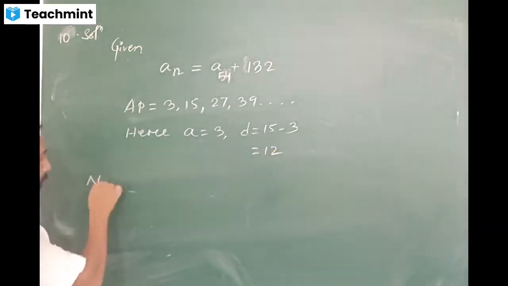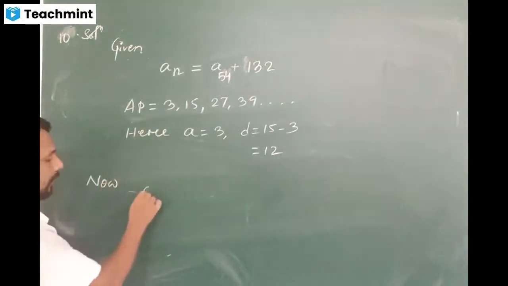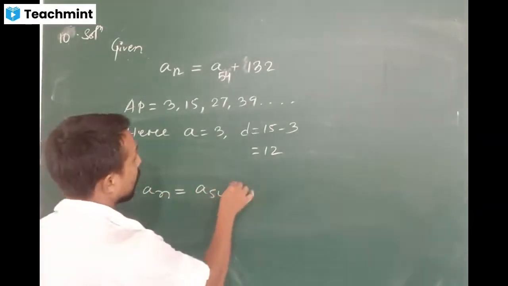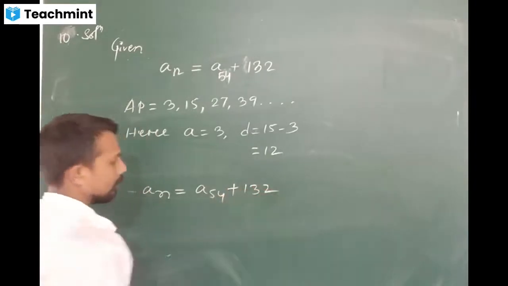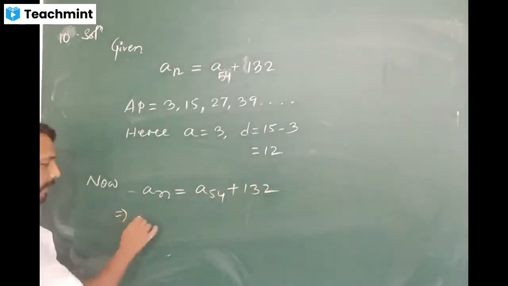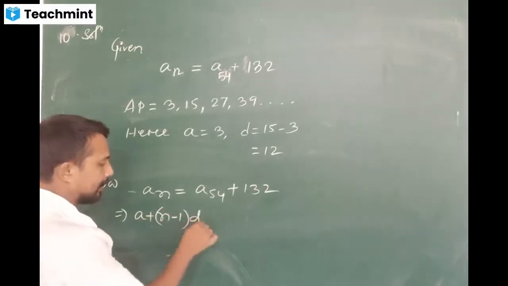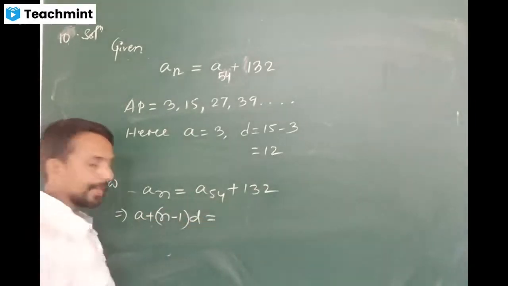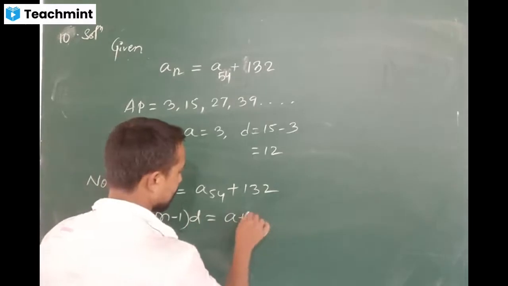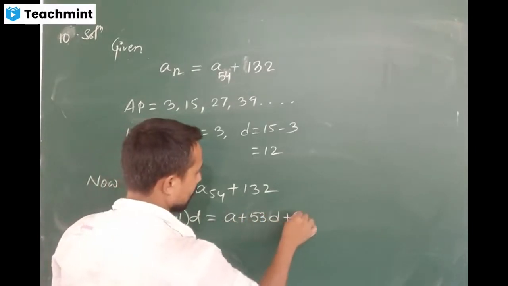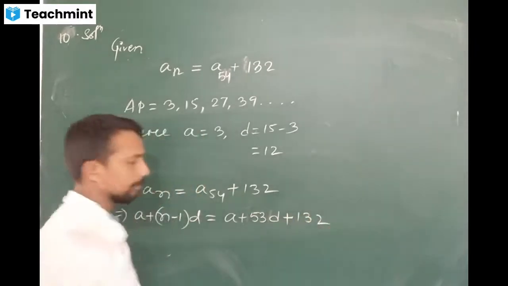Now, An equals A54 plus 132. And we have A plus n minus 1 into D. A54 we can write directly as A plus 53D, plus 132.